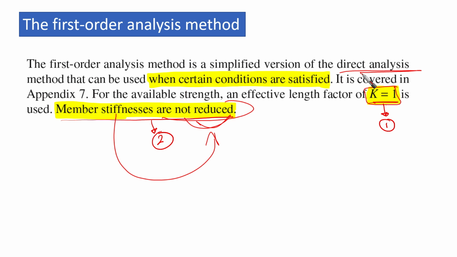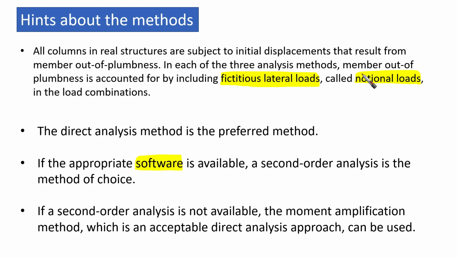Okay, now let's see which one we can use, and if there are some hints about all of these methods. Hints about the methods: all columns in real structures are subject to initial displacements that result from member out of plumbness. If we have a member like this, the element itself is not straight.